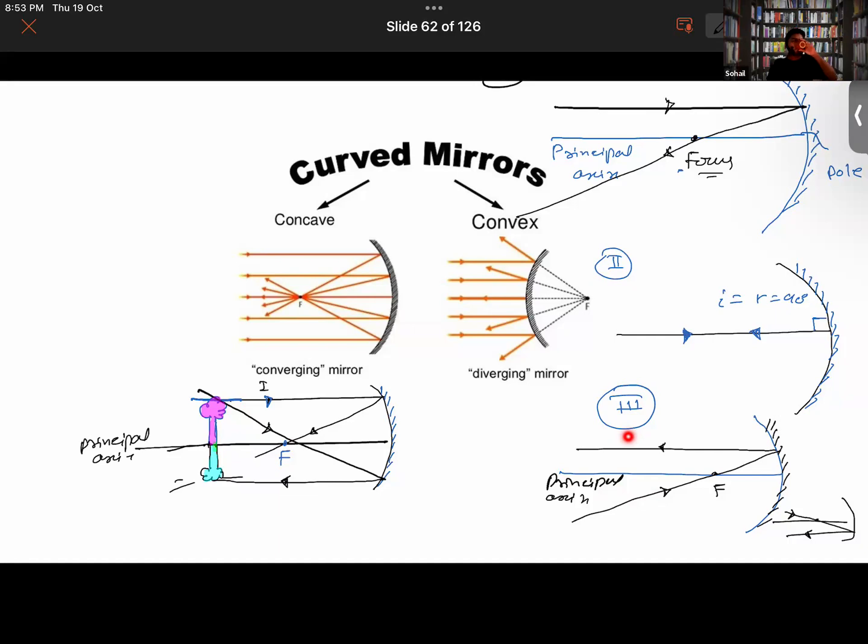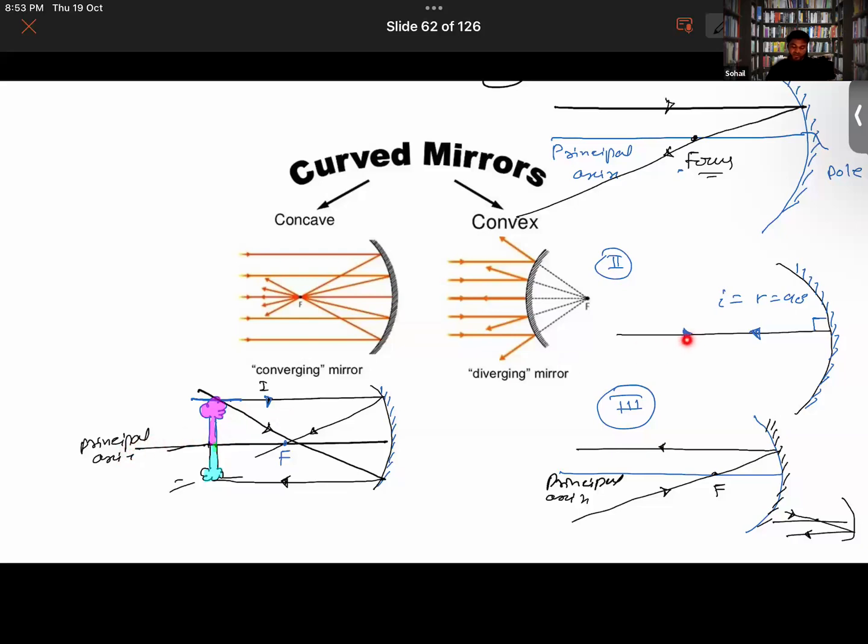Sir, while drawing the perpendicular line, is it like the second law, right? No, look here.